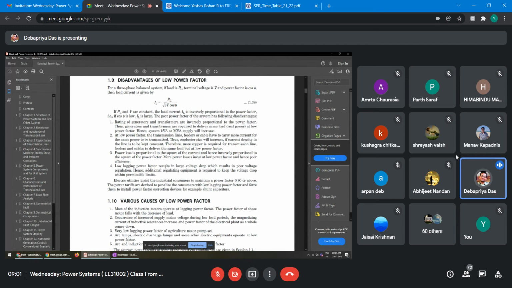If it draws more reactive power from the line, in general the current will increase, because current is equal to ID plus jIQ, the direct axis component as well as the quadrature axis component. So IQ will increase. In general, the current magnitude will be root over ID square plus IQ square.